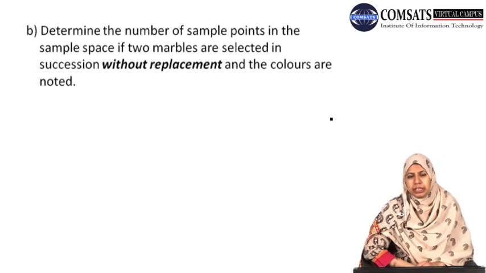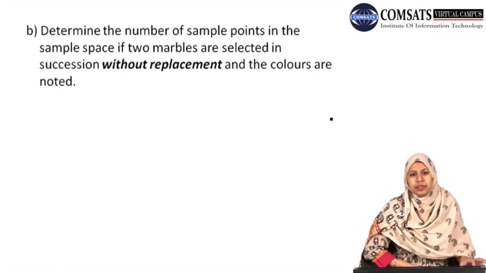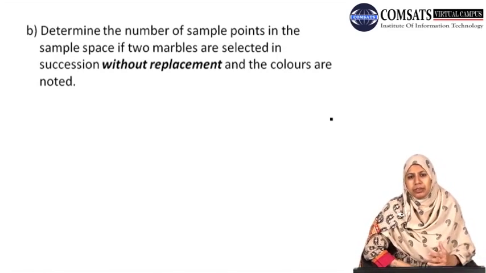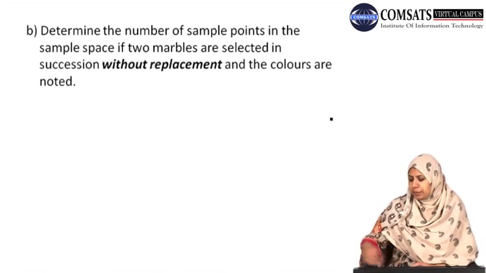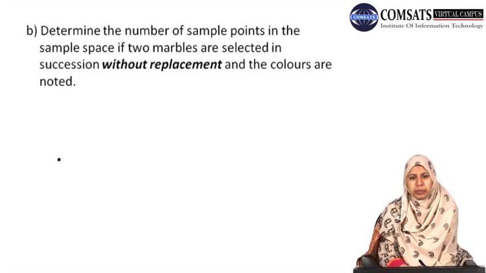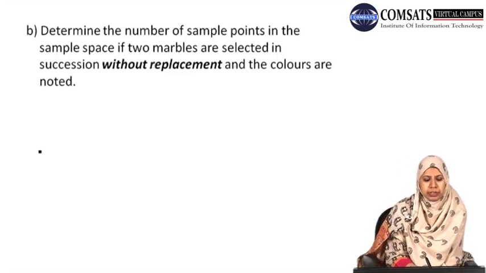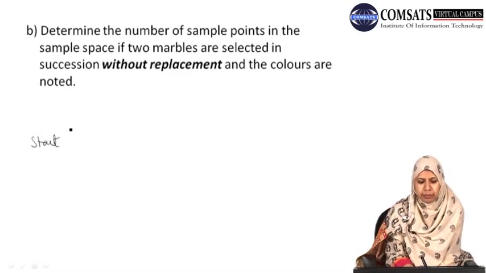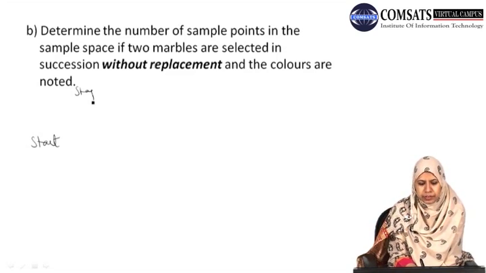We have put it separately, and then from the rest of the marbles we have taken out any marble randomly again. So in that case the sample space will have less sample points, but what will be the sample space? Again we will use our tree diagram, and we have the same 2 stages as in our previous case.